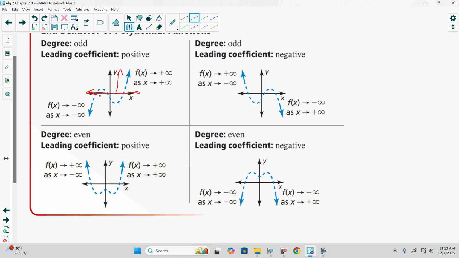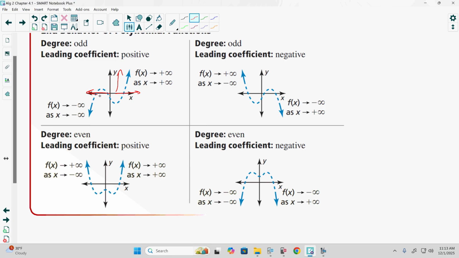Now, if the degree is odd and the leading coefficient is negative, if we're given that information, f of x approaches positive infinity as x approaches negative infinity, and f of x approaches negative infinity as x approaches positive infinity.